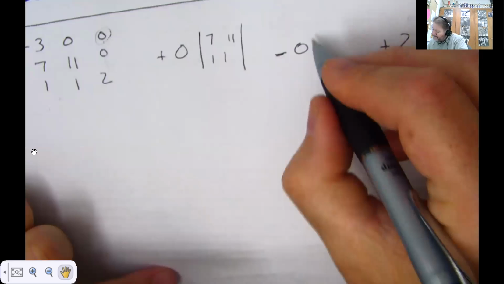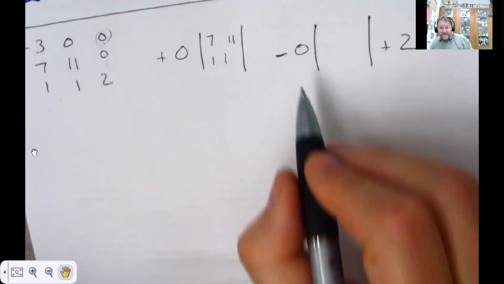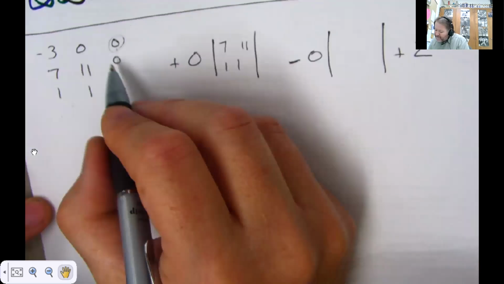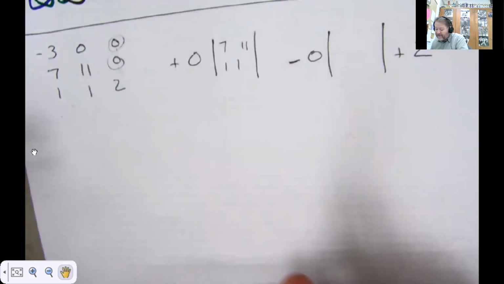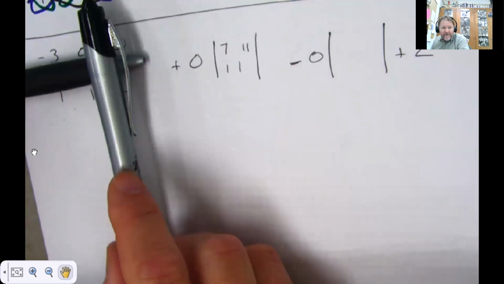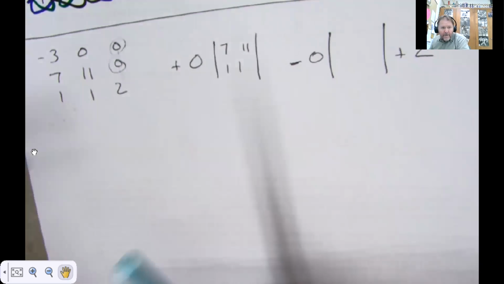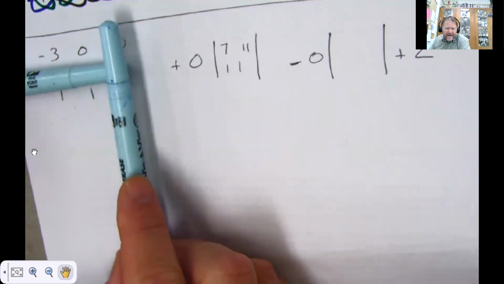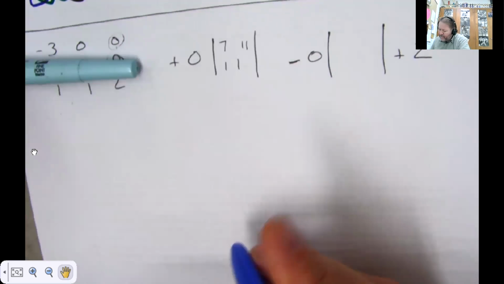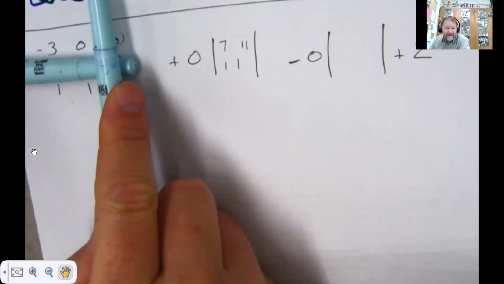And this is going to be, okay, that 0 represents that 0, and we're going to cover up the row and the column that contains that 0.